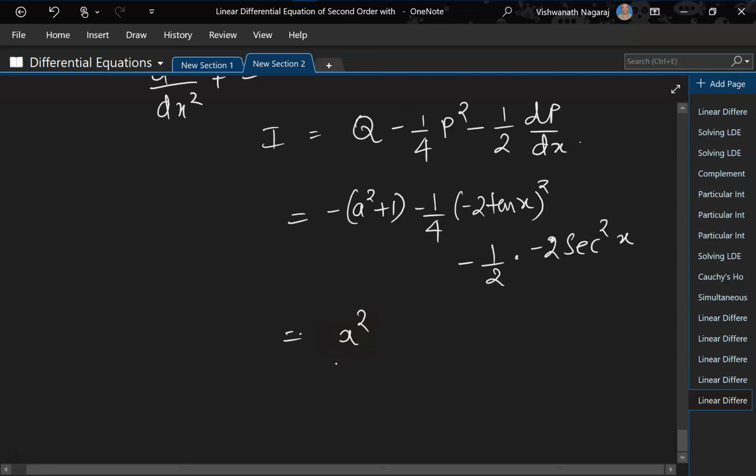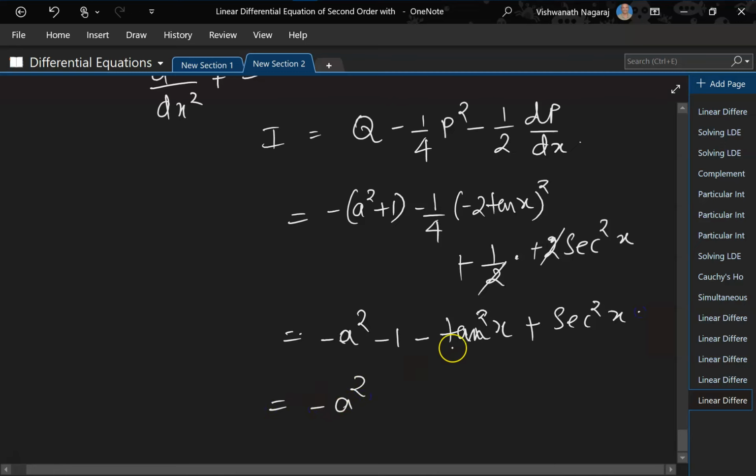Let me write the minus properly. Minus 1 minus, because of this square, this 2 will become 4, 4 will cancel out, but this minus will become plus. So this remains minus. And we end up with tan square x. Tan square x minus, again 2, 2 cancel out, minus, minus cancel out. So plus sec square x.